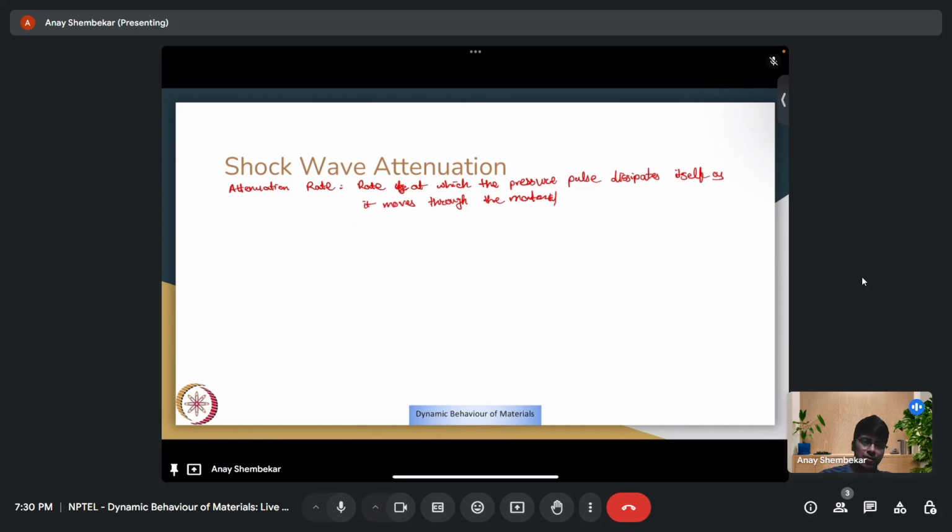Secondly, as we have already seen, the thermodynamic process involved for a material to go from a free state to a shock state and then back again to a different pressure-free state is irreversible. There is some amount of energy loss associated with it. So this attenuation would happen either way.